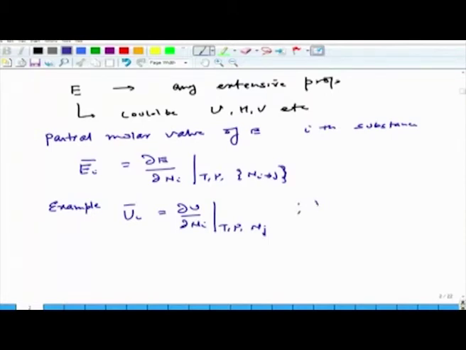Similarly, you can also come up with Vi. This is something you are already aware of.